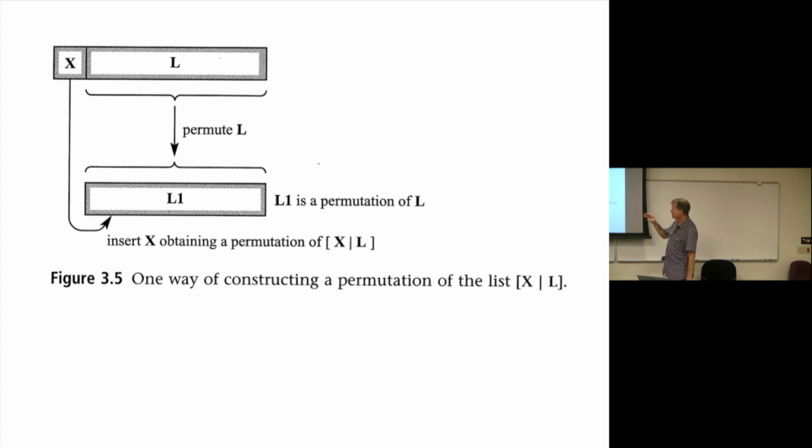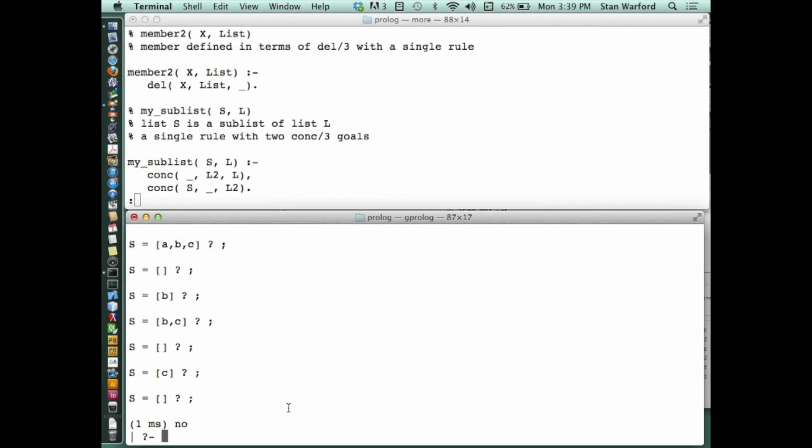It's quite difficult. But watch how simple it is to do in Prolog. Now, tell me, L1, and here we have this slide, figure 3.5. L1 is a permutation of L. Now, how is it that L1 can be a permutation of L? Let's recall insert. Check this out.